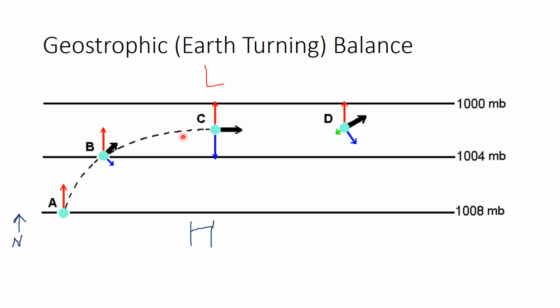Now, Terrence, why is the wind still going, though? Why is this air particle still going? Well, I'm glad you asked. Remember, the law of inertia states that an object in motion stays in motion unless it's acted upon by a net force. Between points A and C, there was a net force acting on the particle, which caused it to continue to accelerate.